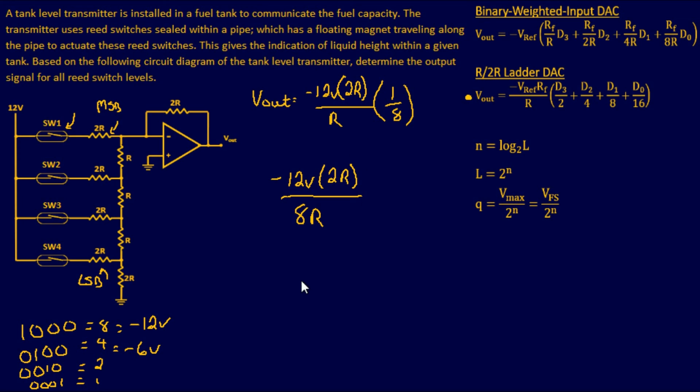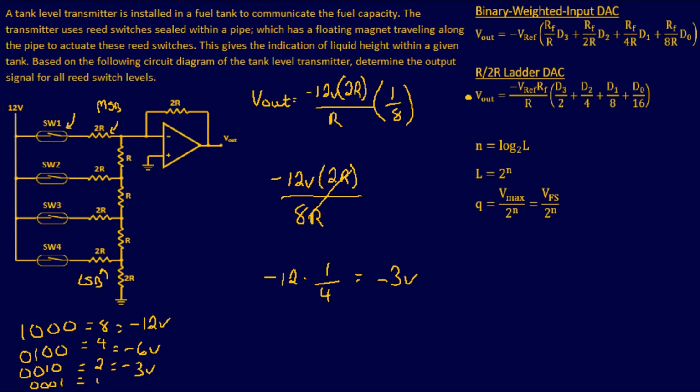Again, we're going to simplify this down a little bit more. The R's cancel out, and you're going to have negative 12 volts times 1 divided by 4, because 2 divided by 8 is 1/4. And of course, that's going to give me an answer of negative 3 volts. So that's going to be our next one, negative 3 volts.